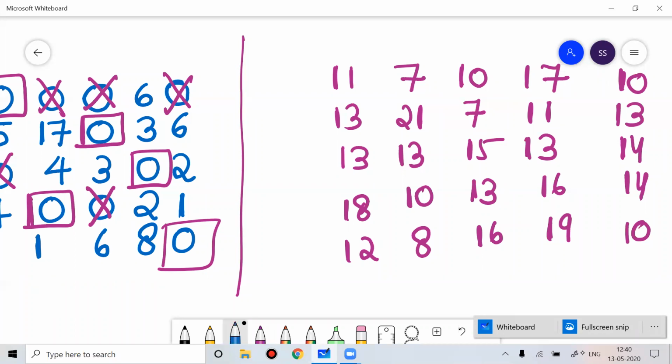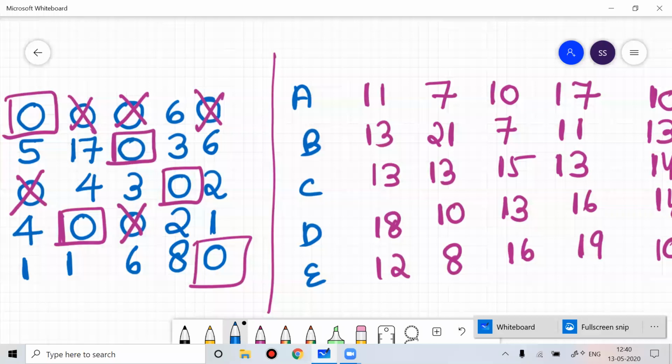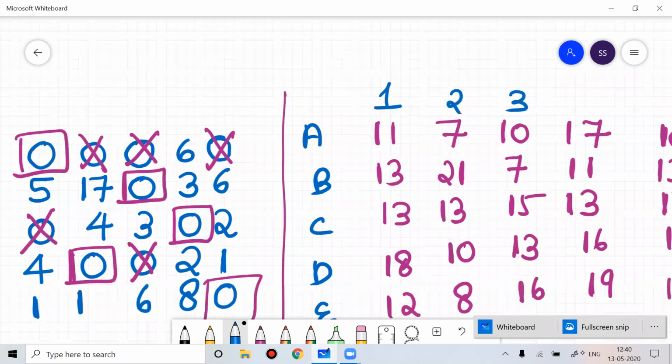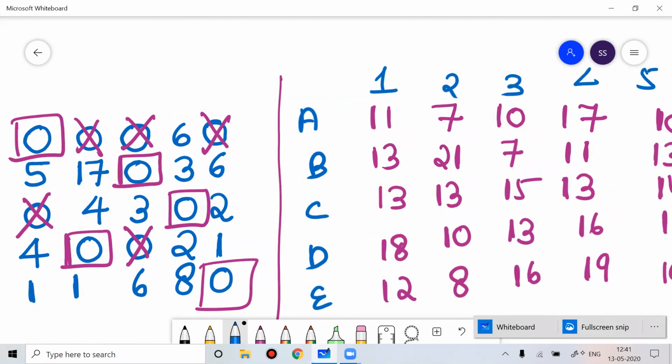Your machines were A, B, C, D, E: 5 machines and 5 jobs, 1, 2, 3, 4, 5. So machine A will do job 1.